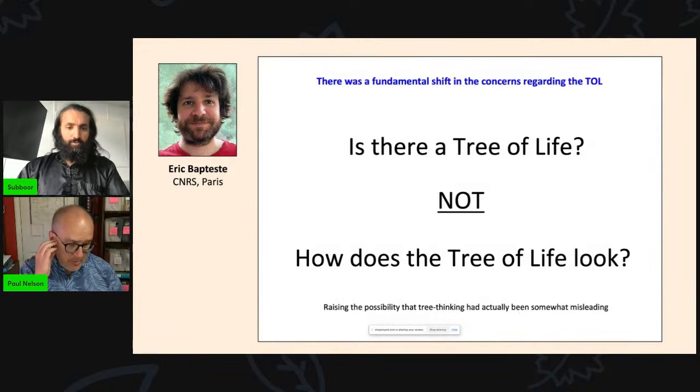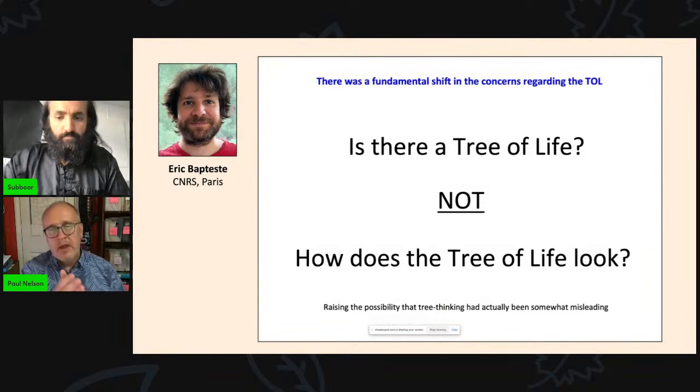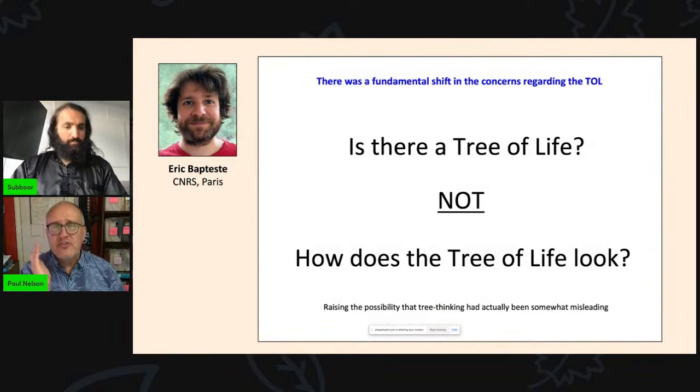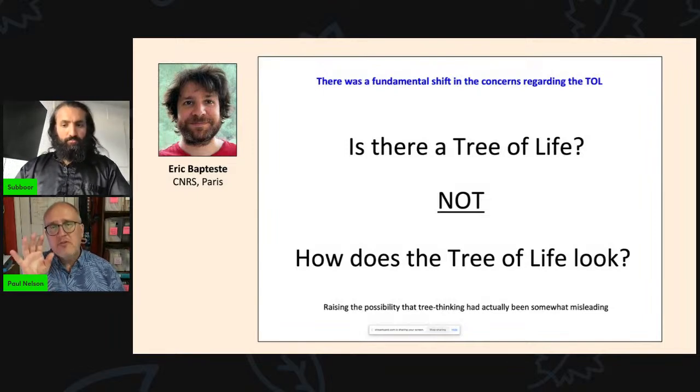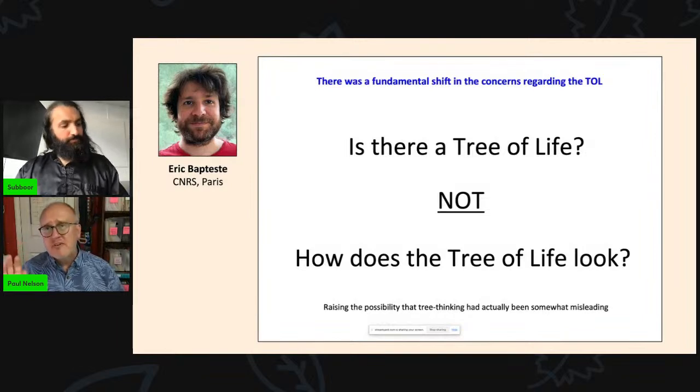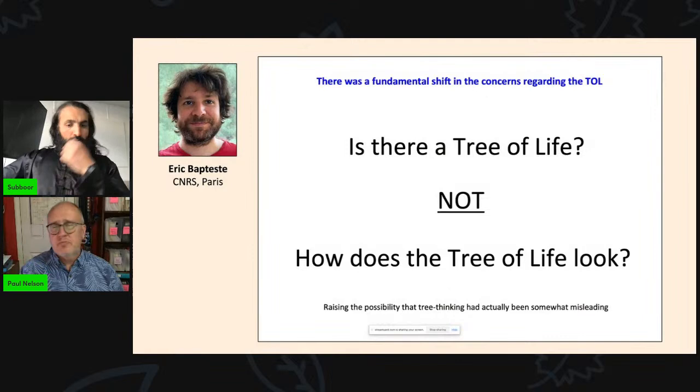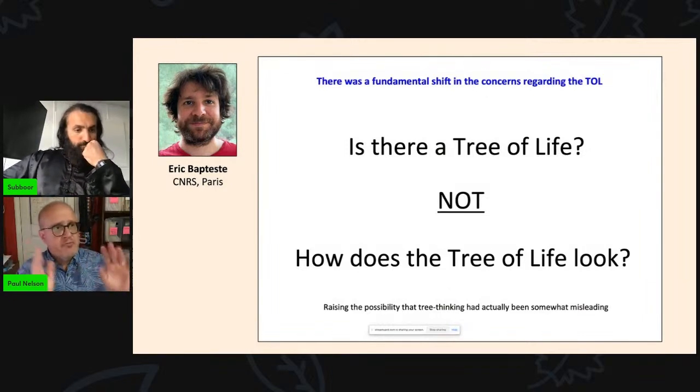So remember, Eric Baptiste is not an intelligent design advocate. He is a thoroughgoing evolutionary theorist. So he is being moved to this skepticism not by any sort of metaphysical predisposition favoring teleology, or God knows what negative thing you want to attach to intelligent design.